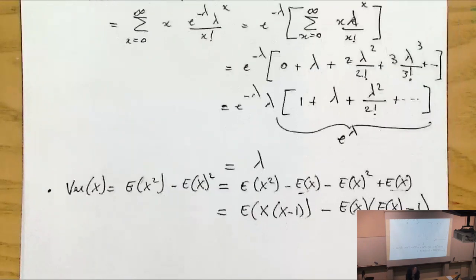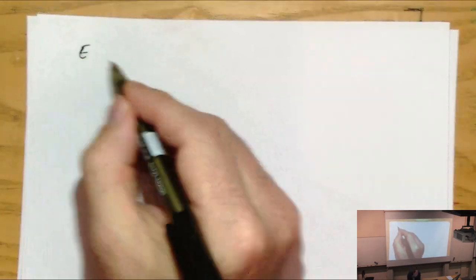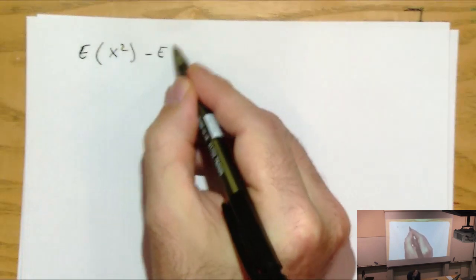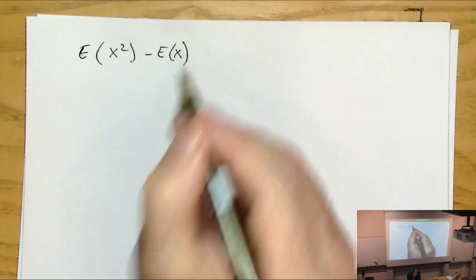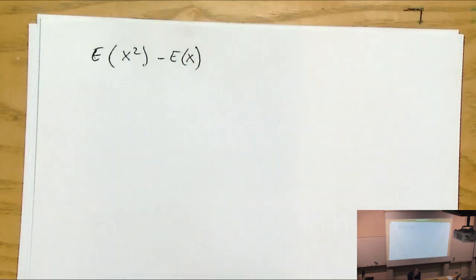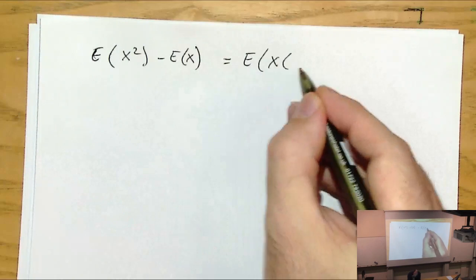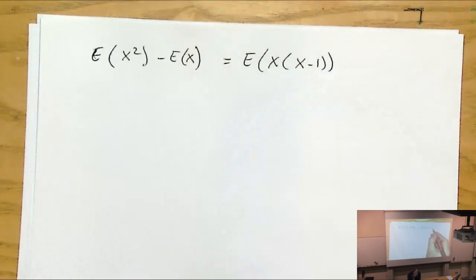Right, so we had expectation of x squared minus expectation of x, and I'm saying that this is the same as expectation of x minus 1.